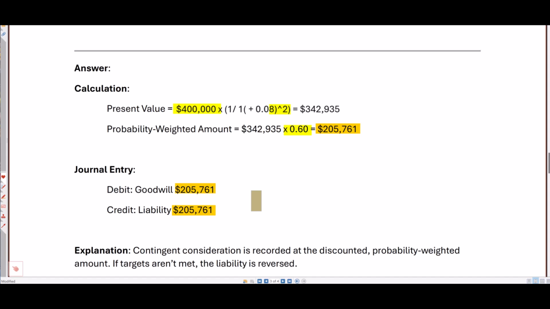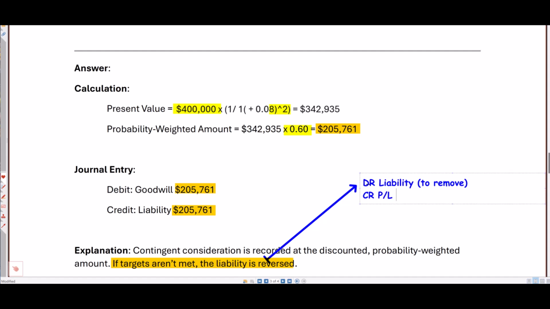Remember, if that liability did not need to be paid, for example, the targets are not met, well then the liability is reversed. But you don't do it through goodwill, you do it through the P&L. So the treatment for that would be debit liability to remove it, and credit P&L.